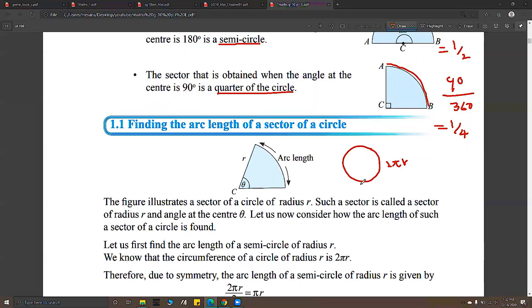But for a particular section, you have to consider the angle of the arc. 2 pi r is the perimeter of the total circle, where the angle around the center is 360.